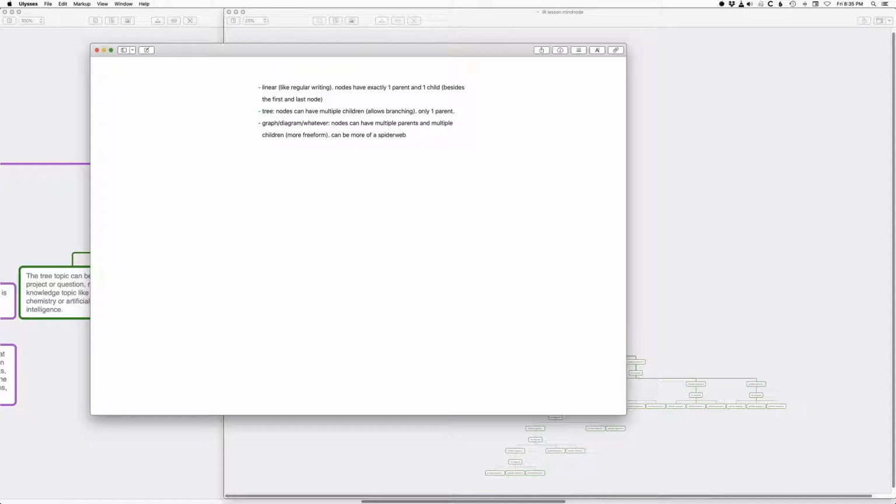But it is possible to have a more complicated type of graph with multiple parents for nodes. So trees are in the middle where they're more complicated than regular writing, but they're limited for how much they do. And they're usually pretty practically useful.